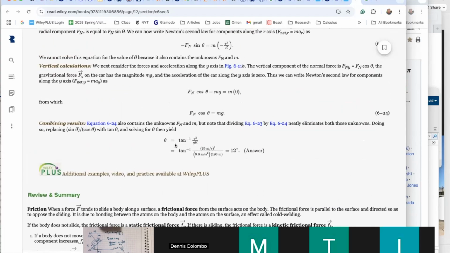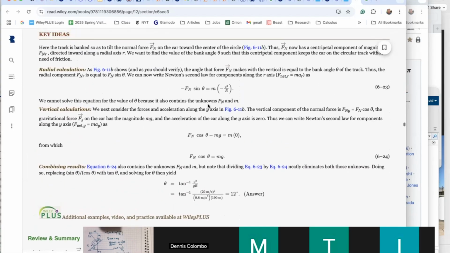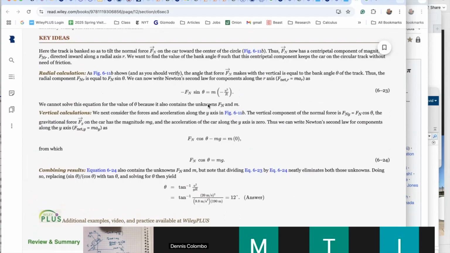We derived this expression, but let's get some actual numbers here. Let's say the car is going 20 meters per second, that's about 50 miles an hour. Let me stop sharing my screen.